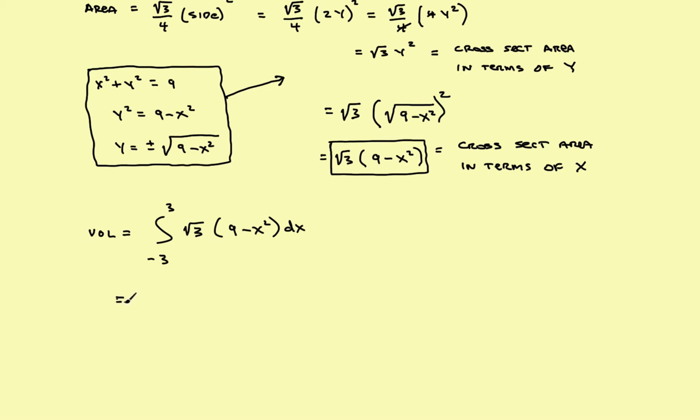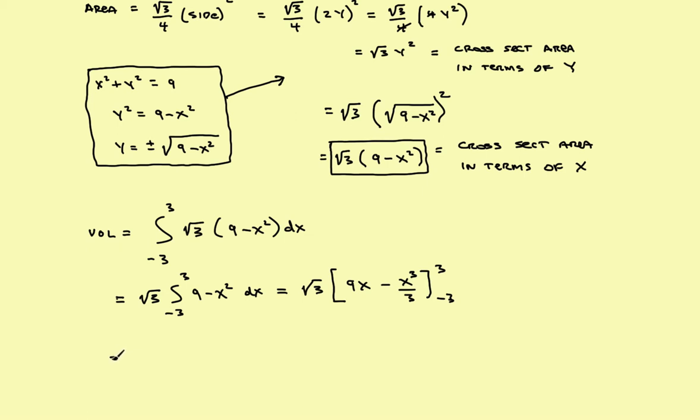Now again, the square root of 3 is a constant, so I can go ahead and bring that outside. So the square root of 3 times the integral from -3 to 3 of 9 minus x squared dx. And if you evaluate this integral, you'd have the square root of 3 times 9x minus x cubed divided by 3, evaluated from -3 to 3.